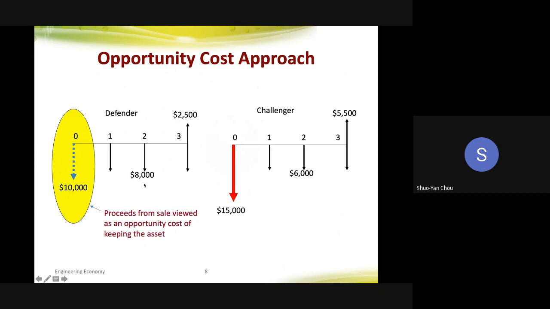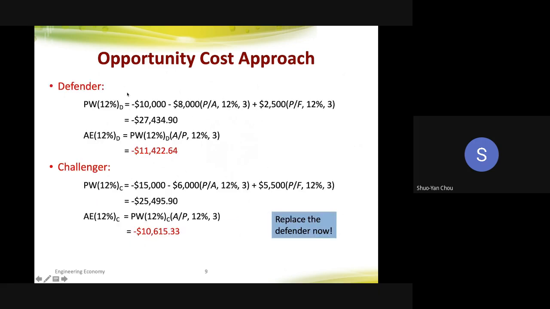So the defender goes to this cash flow diagram, and the challenger has the cash flow diagram without the $10,000 that we can use towards the payment of the new machine. So we do the computation. Still we compute the present worth, and we find its equivalent annual worth by multiplying by this parameter, given P, find A. We get the annual equivalent cost in this particular case, minus 11,000 and so on.